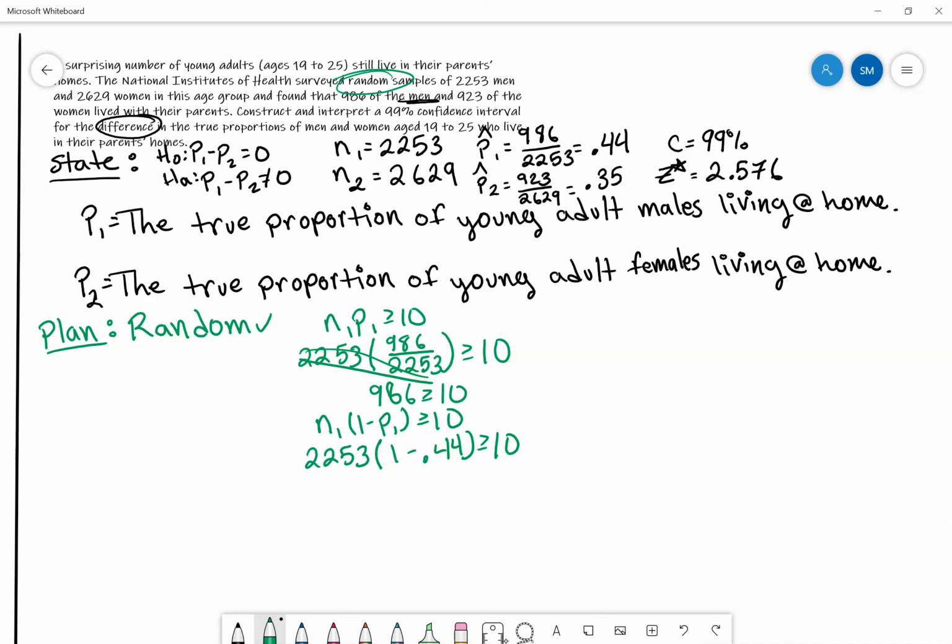You should get 1,261, because I rounded. 0.68. That's fine.